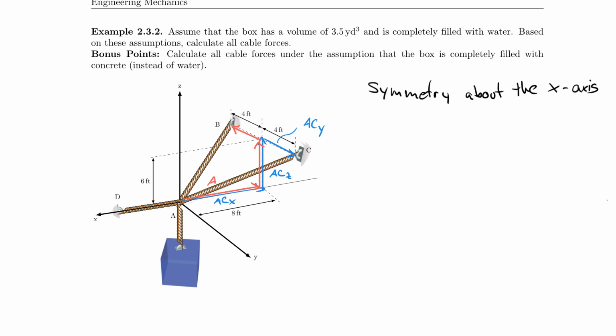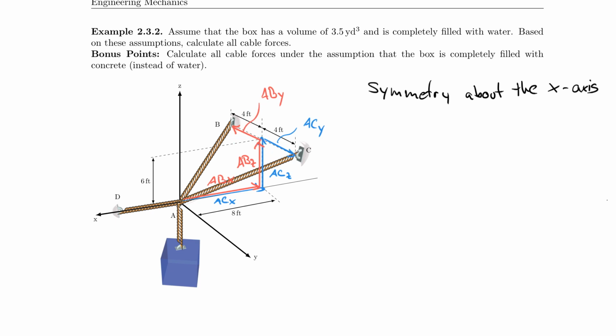So I can call this ABX, ABZ, and ABY. And you can already tell from this picture now that these two forces together, ACX and ABX, have to be balanced by AD. ACZ plus ABZ have to balance the actual weight. And then ACY balances ABY. So that's how you generate the balance here.